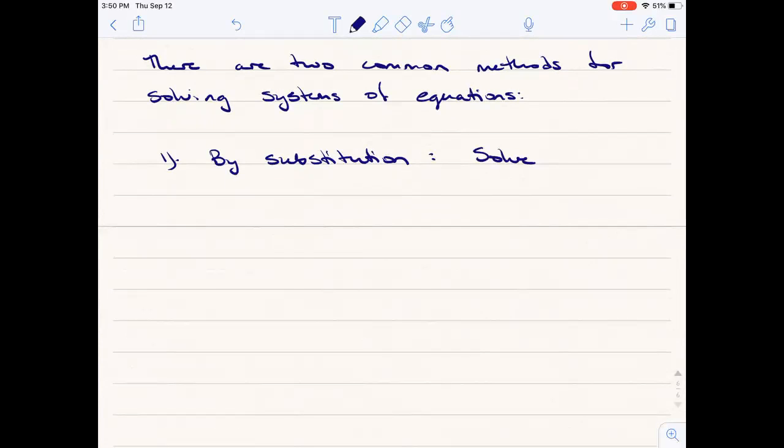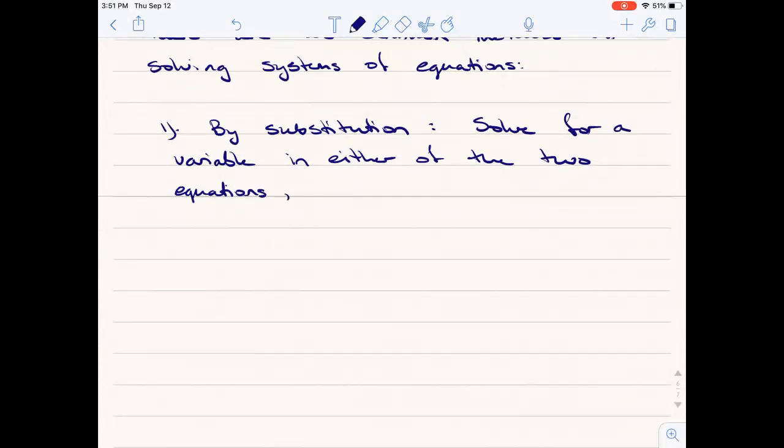So solve for a variable in either of the two equations, then substitute the results into the other equation.